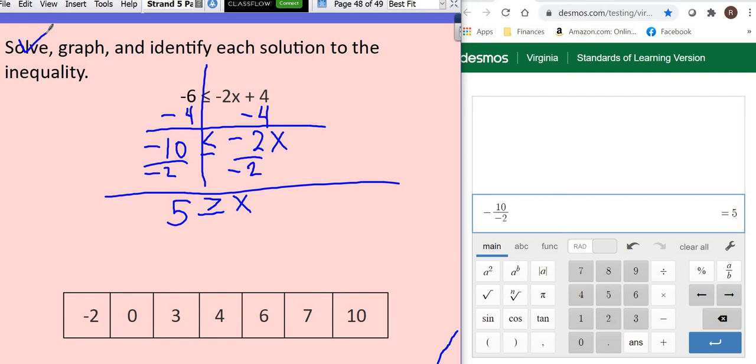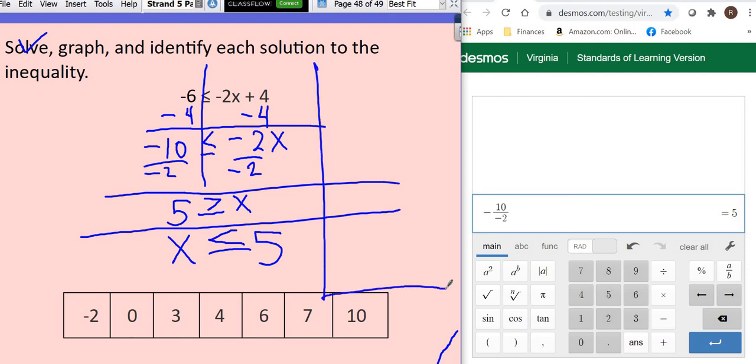When we graph, that variable needs to be on the left side. So if I move the variable here, and I move the 5 here, that means I have to flip my inequality again. When you flip the variable from one side to the other, that automatically means that you have to flip the inequality.